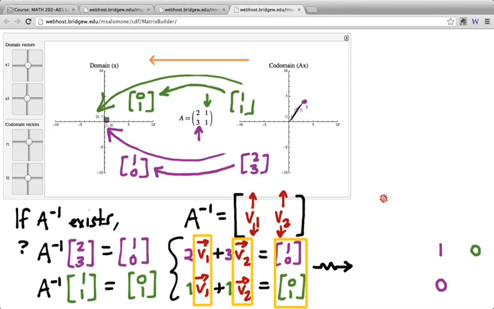In other words, what we're going to do is take these two vectors, the right-hand sides of these equations, 1, 0, and 0, 1. And the row reduction that we need to do in order to solve these is going to be done on the same matrix. Namely, it's the matrix A itself on the left, which has the entries 2, 3, and 1, 1 in the columns.